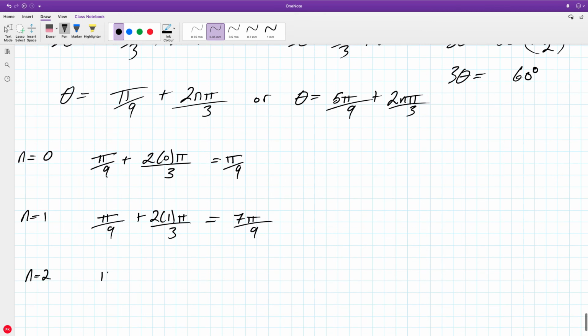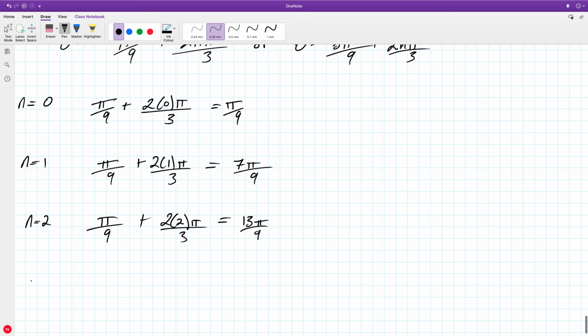N equal to 2. Pi over 9 plus 2 times 2 pi over 3 is equal to 13 pi over 9. Now try n is equal to 3. Pi over 9 plus 2 times 3 pi over 3.